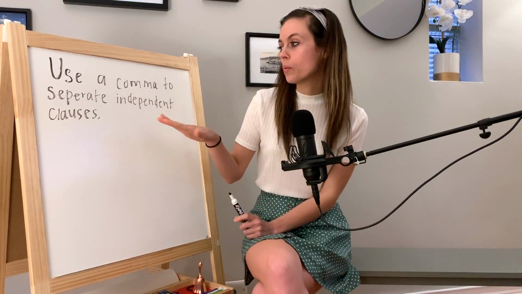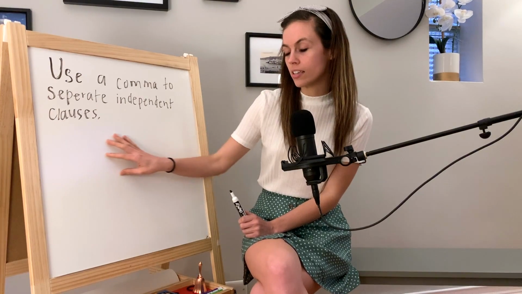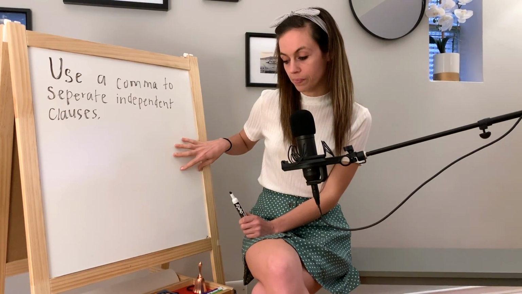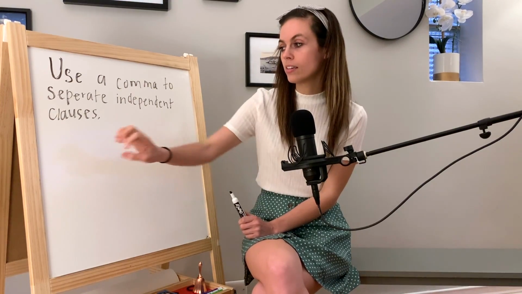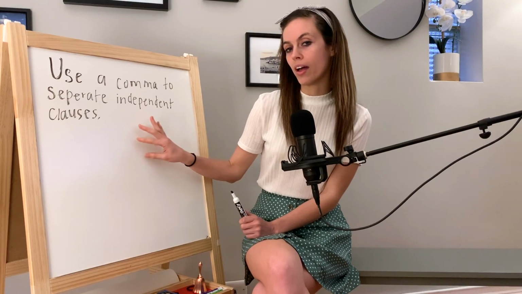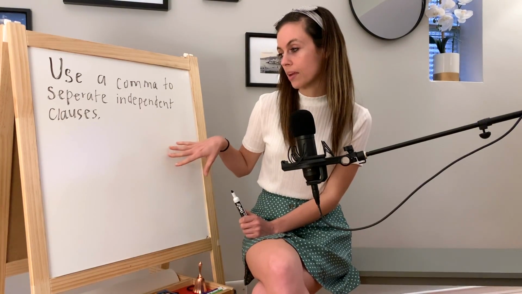So when we do this, you're going to have an idea here, conjunction, and then another idea. And we'll need a comma to separate the first idea. Then we'll have our conjunction, and then we'll have our second idea, or our clause.